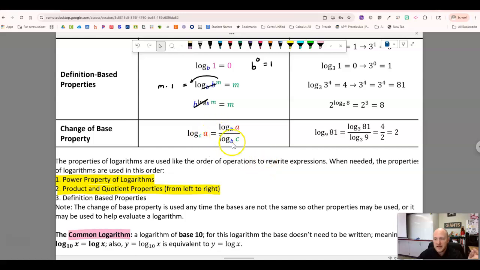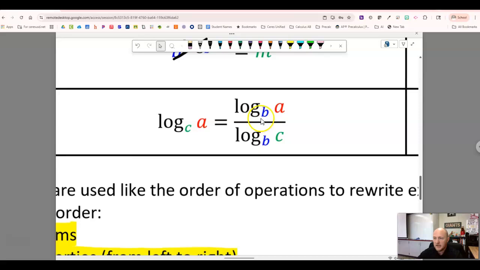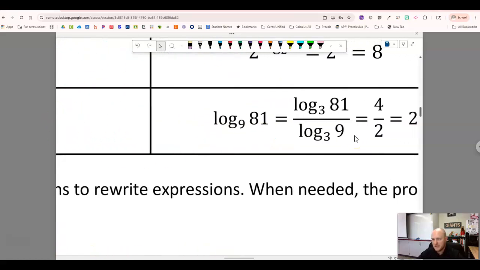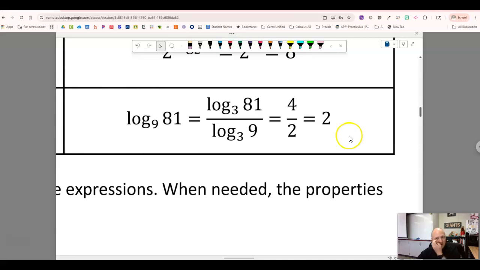Well, you can make a new logarithm and choose a new base, as if you rewrite it like this. So log base c of a is equal to log base b of a, so your argument goes into the numerator, divided by log base b of c. Your old logarithmic base goes into the denominator. So this is your change of base formula.